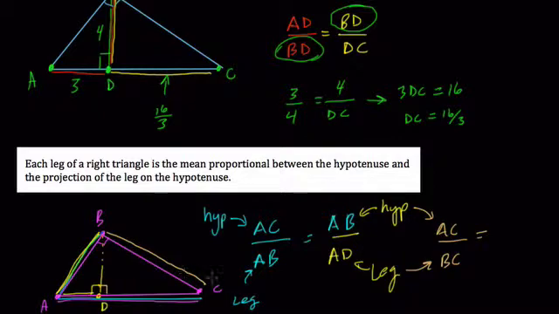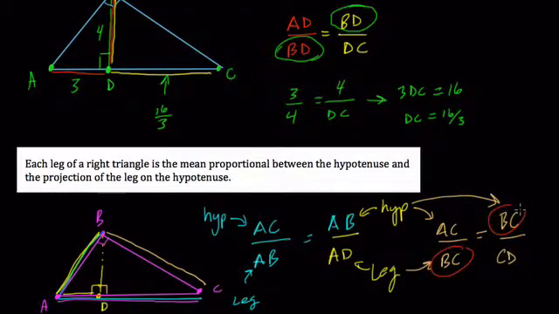So the ratio of AC to BC, BC is the longer leg here, so BC, the hypotenuse, would be the same as the ratio to CD. We're just playing with these mean proportionals here. The legs are the mean proportional because they form both leg and hypotenuse in two triangles.